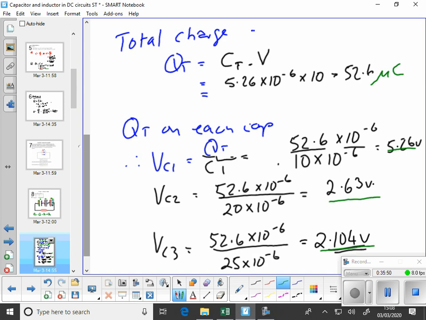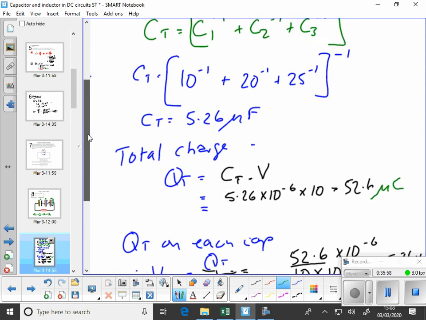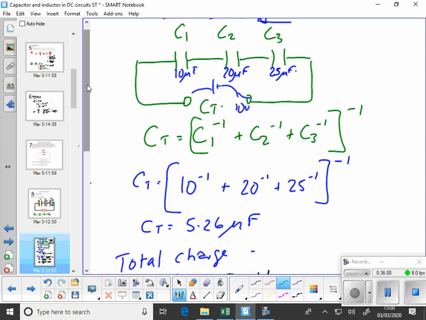But the one point about these in series is that all three would need to cover the full working voltage, because if that middle one goes short circuit, you're going to share the voltage out between two. If two of them go short circuit, that one remaining capacitor is going to get all the voltage. So if that's a 30 volt circuit, they all need to have working voltages of 30 volts.